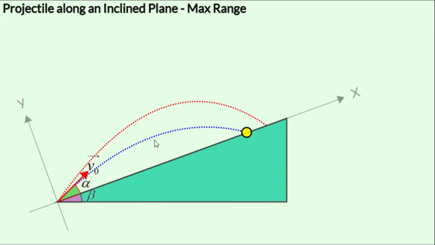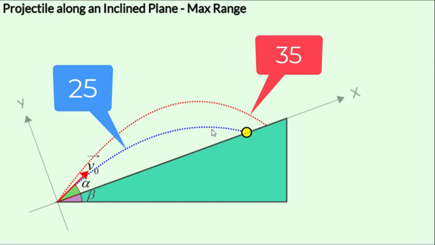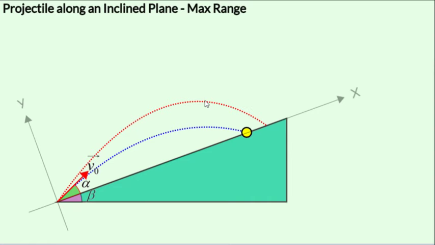This is the trajectory when the launch angle is 25. So alpha is 25 and it falls short in terms of range as compared to the red trajectory for which the angle was 35. So when alpha is 45 minus beta over 2, we obtain the maximum range along an incline.